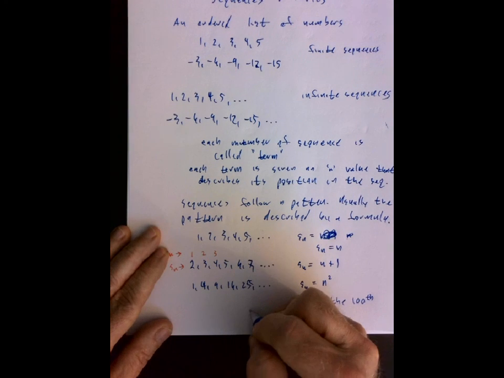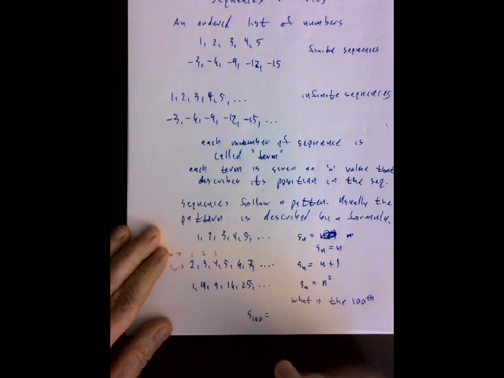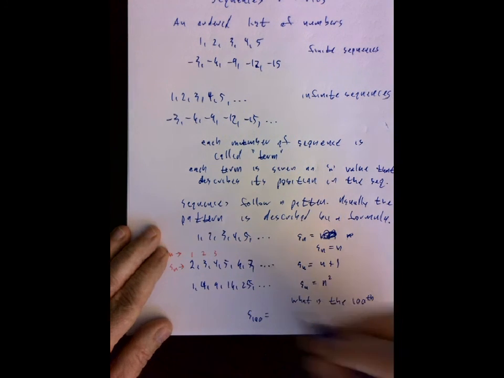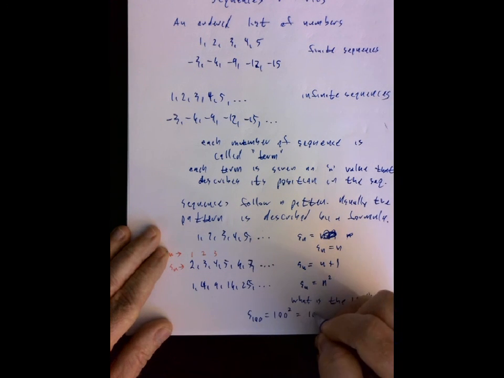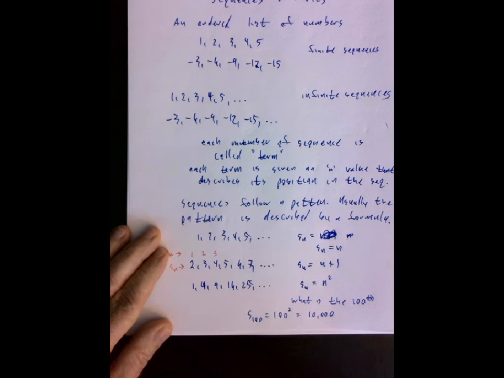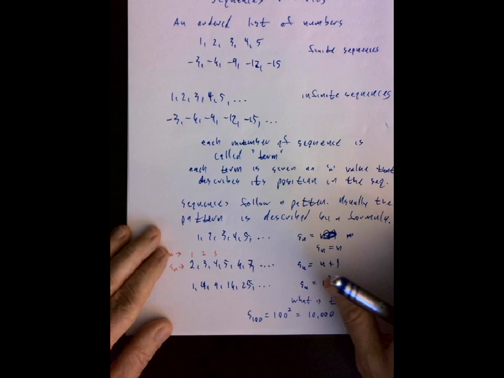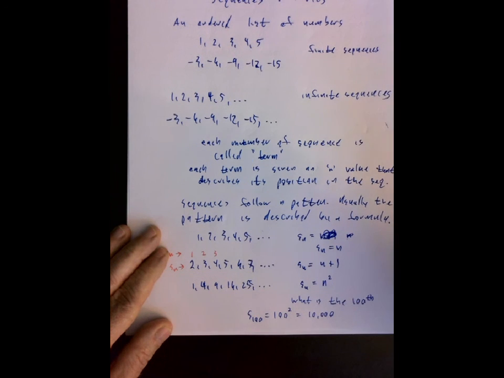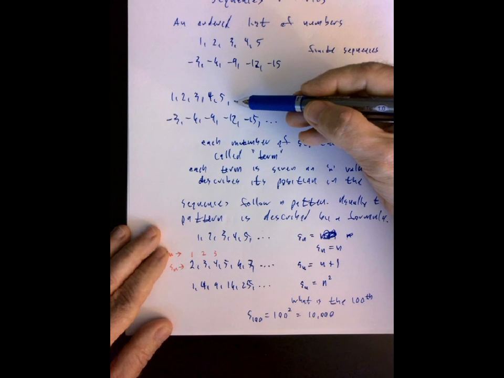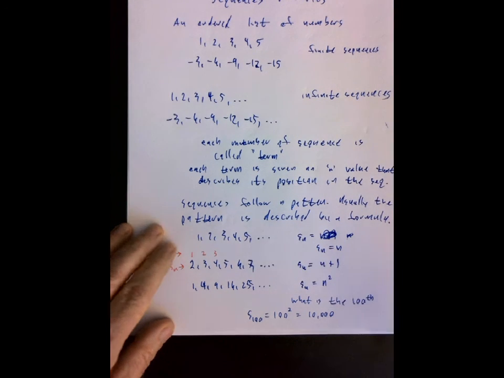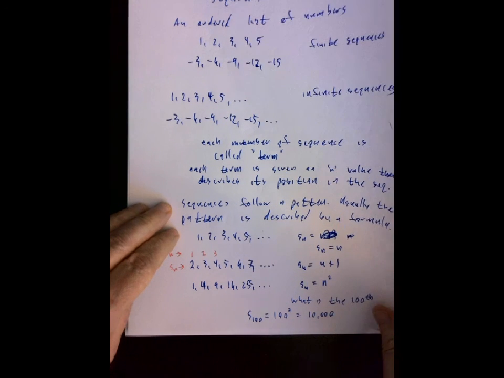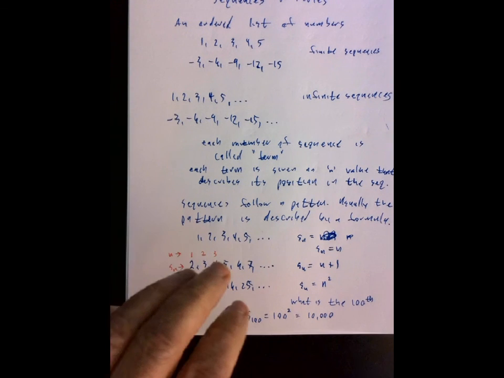So S sub 100, that refers to the 100th term in the sequence, is equal to 100 squared, which is, as it happens, 10,000. Okay? All right, very good. So that's the idea of a sequence. It's a list of numbers with a formula that generates the numbers in the sequence according to what position the term is in the sequence. Okay?